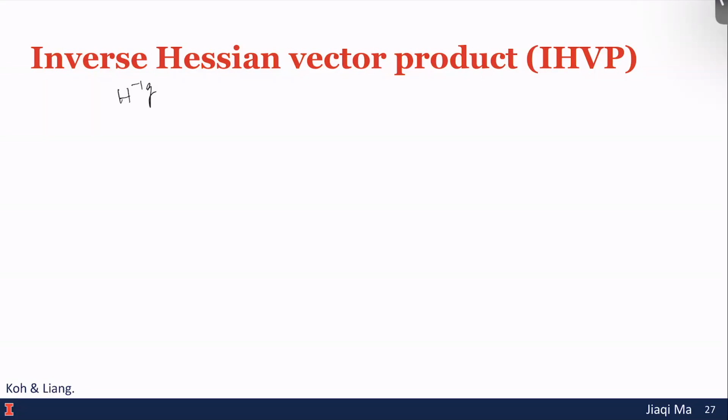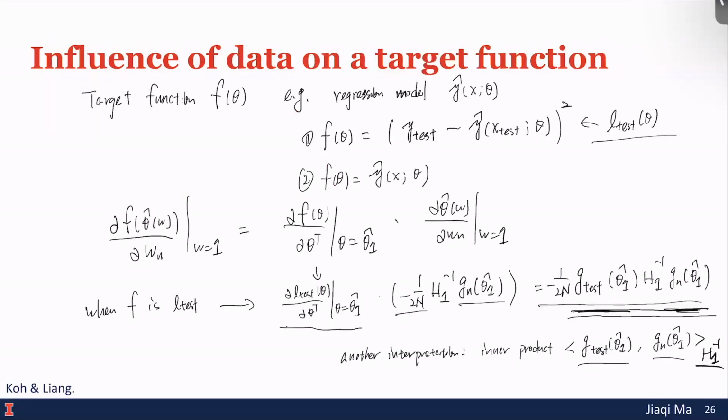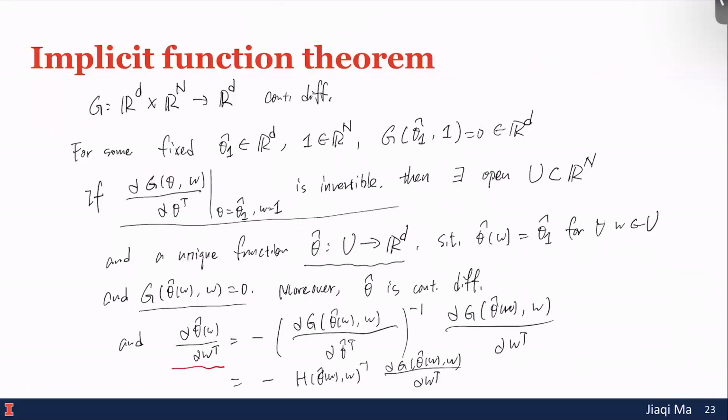So first of all, in the derivation of influence function, we have assumed that the model is strictly convex, so that the Hessian is invertible, right?